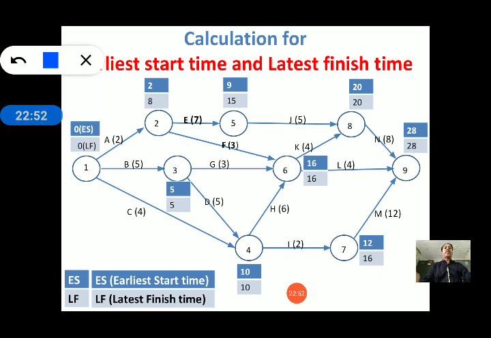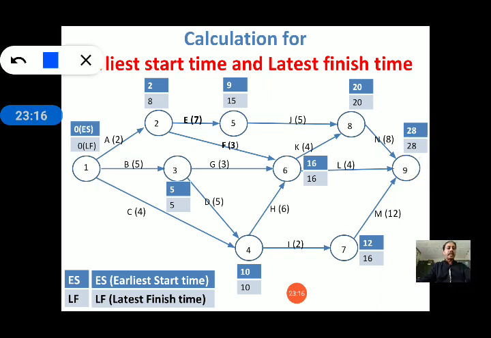Earliest start time is calculated from the first event and latest finish time is calculated from the last event. Suppose we have calculated 28 as the earliest start time. The same value is used for the latest finish time, so both are 28 here.